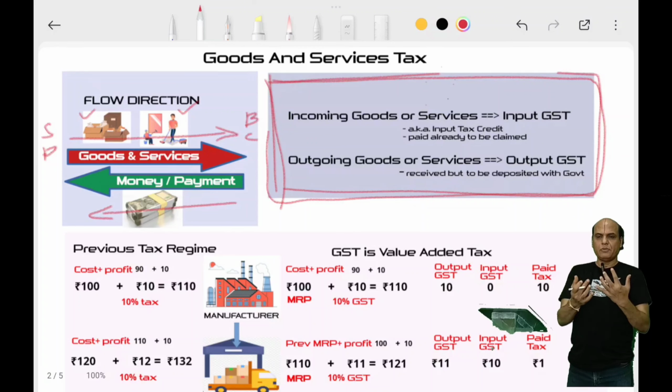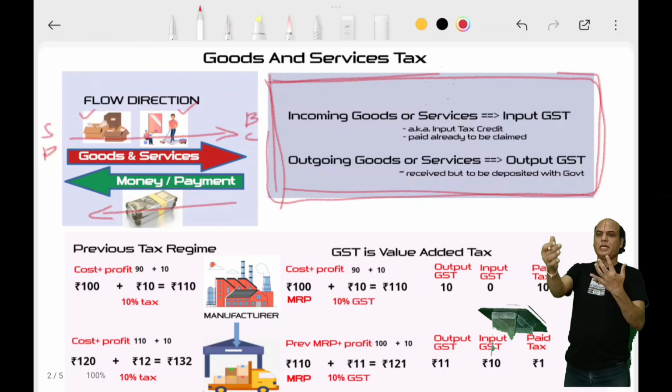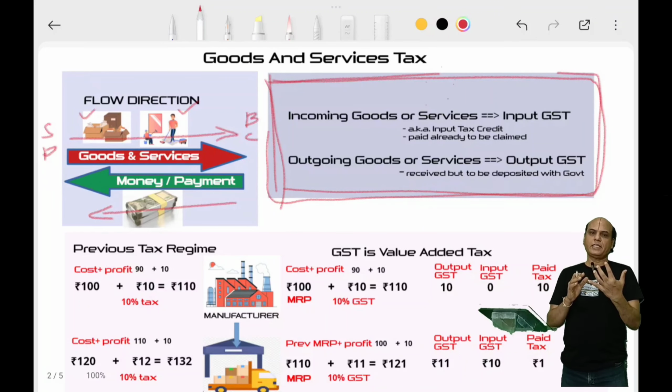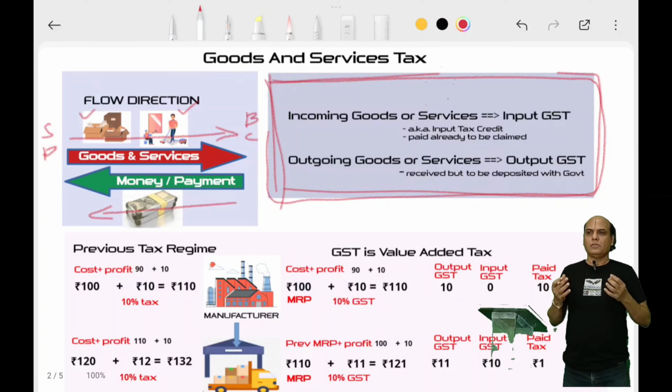Then I will consume the goods or services. So I have paid to the other person. He is supposed to pay to the government. So he will give me a tax invoice saying I have paid him. That is called input tax credit. This input tax credit will stand against my name and I can claim it later on, or I can set it off. Understand?